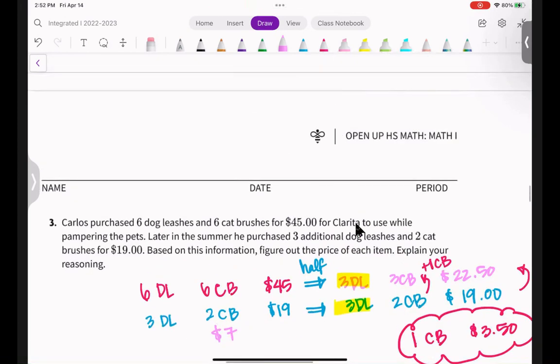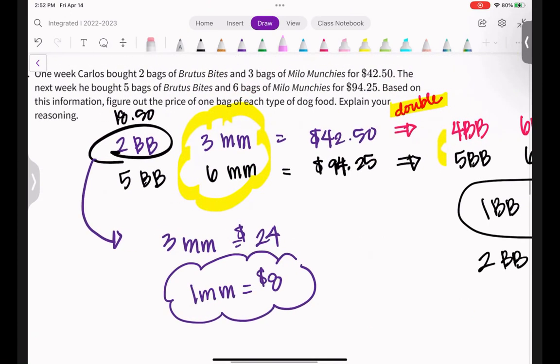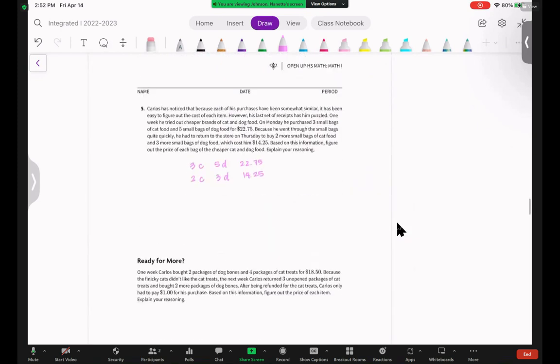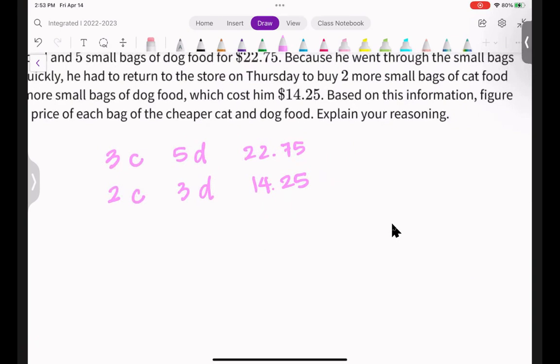And over here, I eventually got the 6 Milo Munchies to be the same. So I need something to be the same. And in this one that we're currently working on, there's nothing that's the same. So I need you to think, okay, how would I do this? How could I do this?